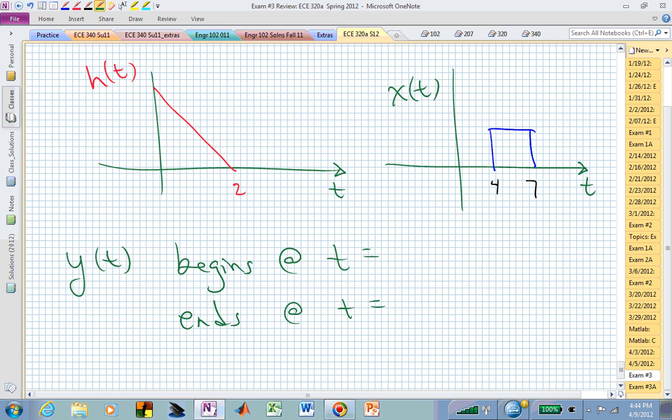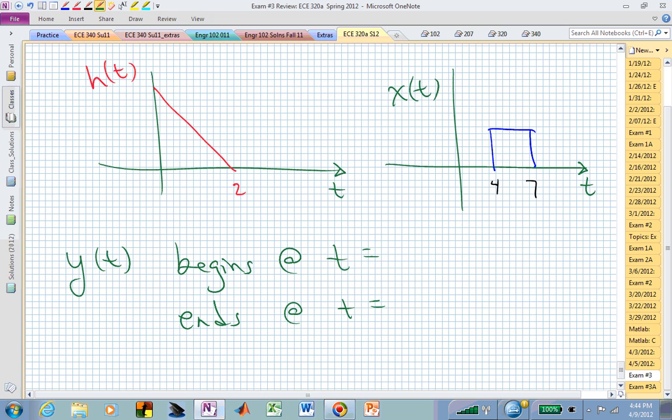If this system was excited by an impulse, if I hit it with an impulse, then its natural response is going to be what h of t demonstrates. It's going to then just decay down to 2 as a straight line. That's not a linear circuit that we've created, but that's just what I'm sketching to make my discussion easier.